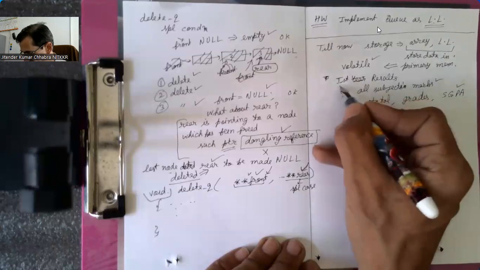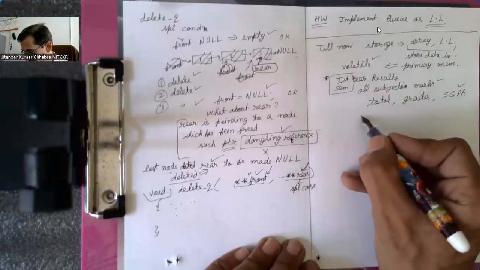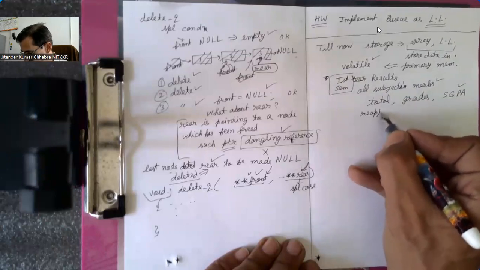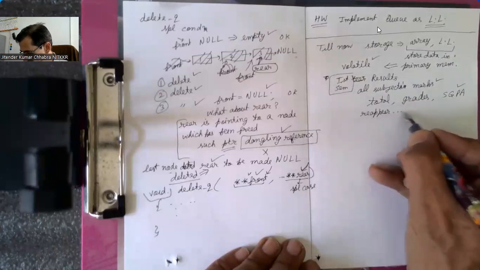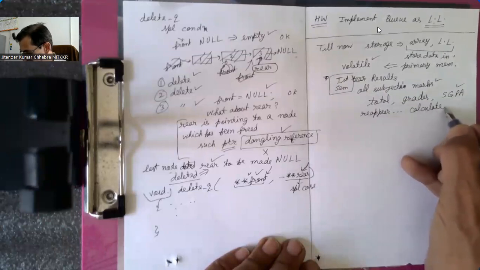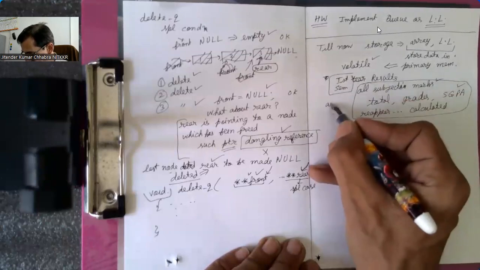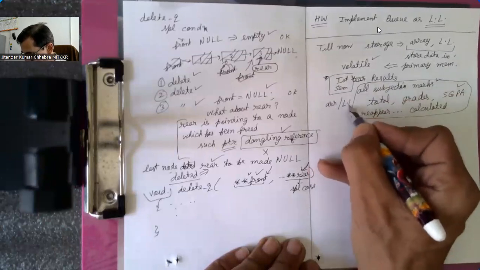I am talking of the first semester result. And unfortunately some students could have a reappear also, so that is also calculated.